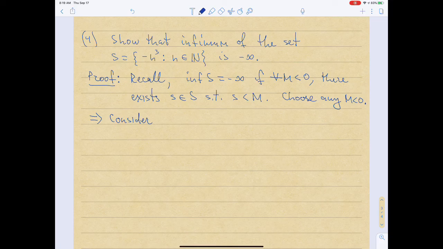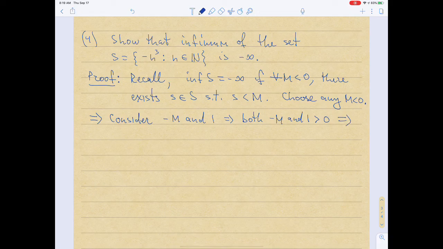But in order to use the Archimedean property, I need to have two positive numbers, and right now I have a single negative number, capital M. So I'm going to consider two numbers, minus M and 1. Then both minus M and 1 are greater than 0.